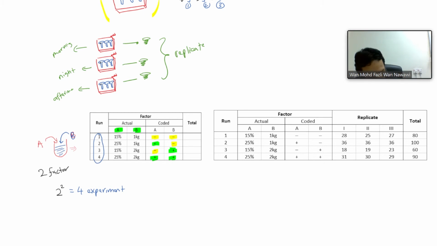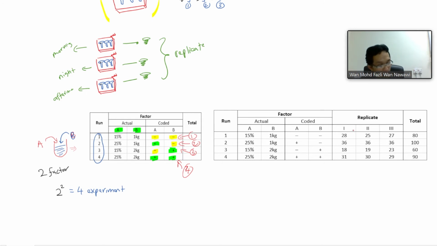If you look here, run number 1, run number 2, run number 3, run number 4, all runs are different. So if you do factorial, there is no replication there. You need to introduce it yourself.